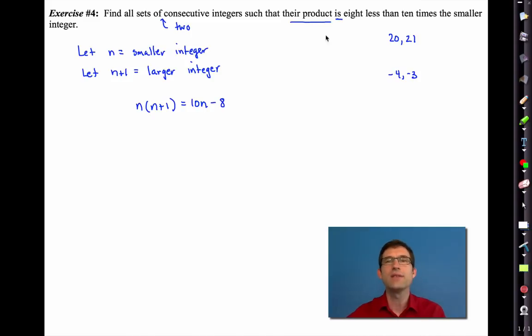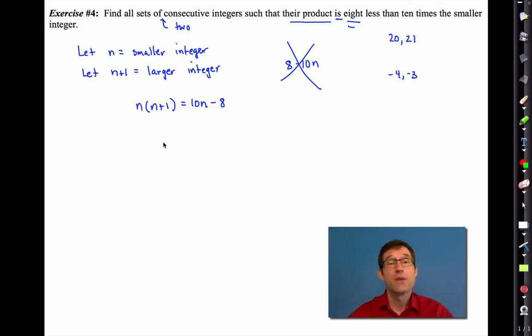Watch out, it's very easy because the 8 comes first in the sentence to think it's this, but that's a completely different expression. That's actually 10 less than 8, or 10 times n less than 8. Anyway, this is 8 less than 10 times the smaller.